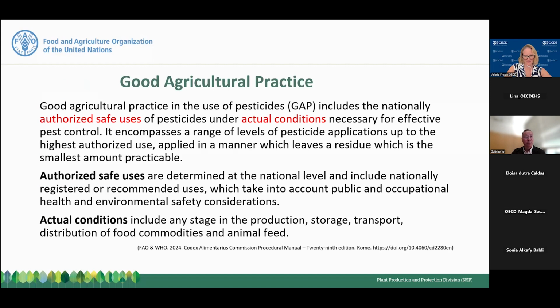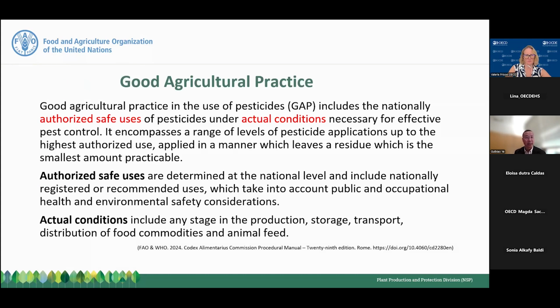And then for the GAP, good agricultural practice, we have a very specific definition for pesticide use. The GAP includes the nationally authorized safe use of pesticides and the actual conditions which are necessary for effective pest control.